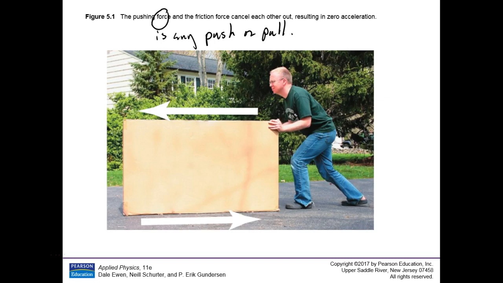That's the retarding force. I can push on this table. I'm not able to push it because it's jammed up against the wall. I'm being opposed by another force. However, I can pull on the table and I can move it. What was retarding my motion was the friction between the feet and the floor. So, a force is a push or a pull.